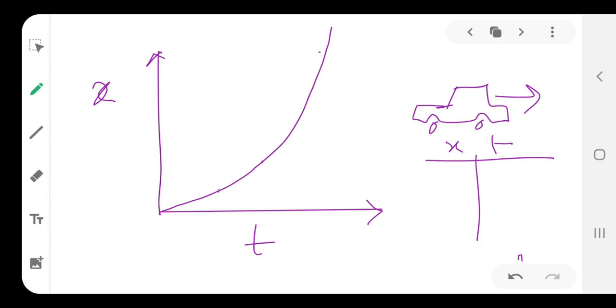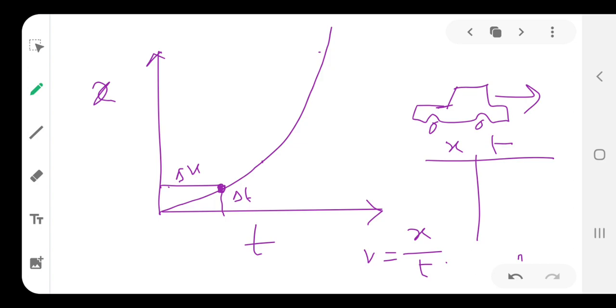We know that velocity is distance by time, right? But here you can see, if I take this point, this is my x, this is my t. So my x is bigger, t is smaller.